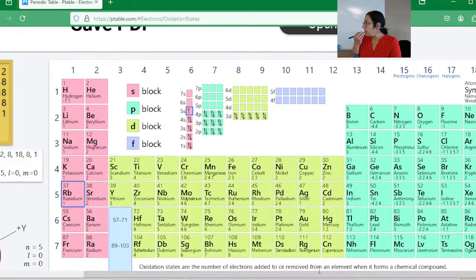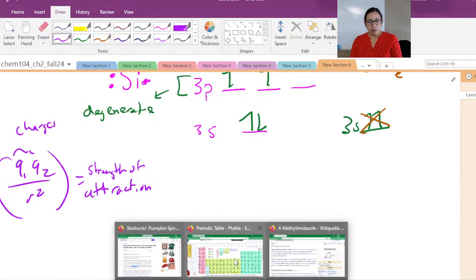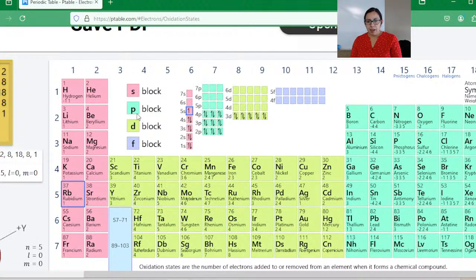Is that kind of making more sense to people? What I'm trying to show you by going across is that we're trying to understand the electron configuration and how it fills up, because it does get funky in some portions. Are we okay with electron configurations up to, can we do fluorine?